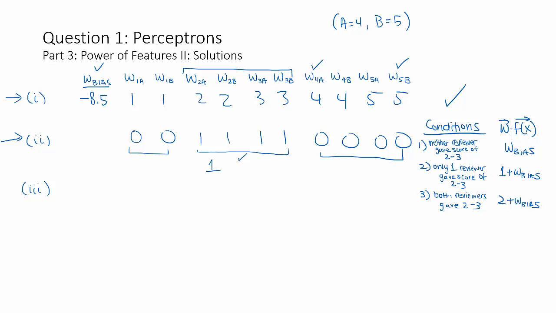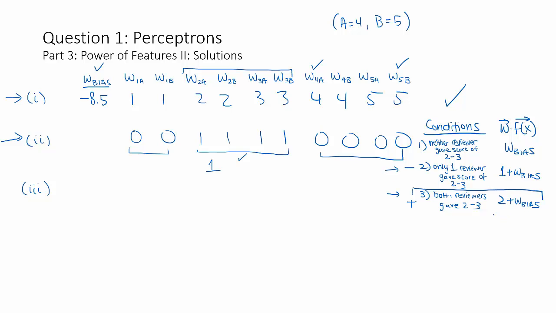So what we need to do is find a value for W bias that separates out the last condition, which represents all the profitable movies, from the first 2 conditions, which represent the non-profitable movies. And so what value of W bias would set this to be a positive value, but this to be a negative value?